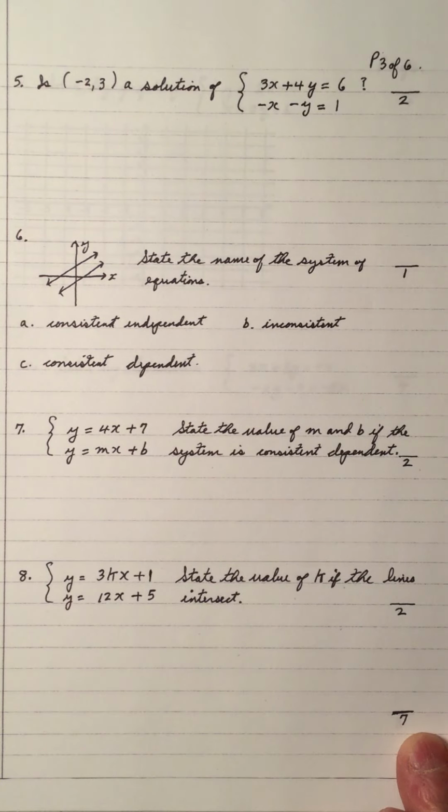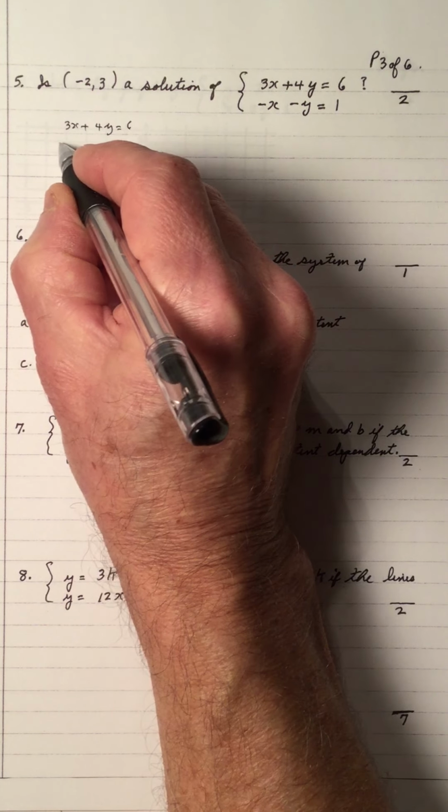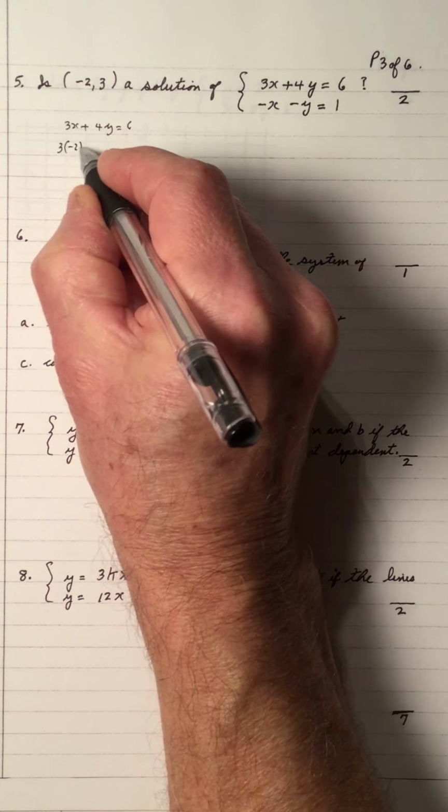Number 5, is (-2, 3) a solution of this system? One of the easiest ways is to write down the equation and substitute in the values of x and y. If we do, we get -6 plus 12 equals 6, 6 equals 6, true. But it has to be true for both equations, because sometimes we can make an error and it'll be true for one equation but not for the other.